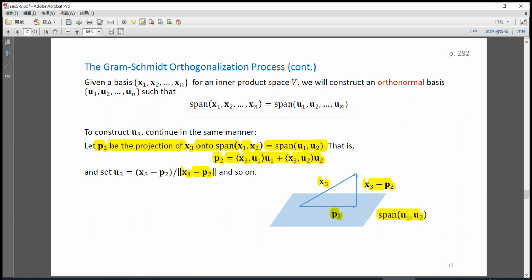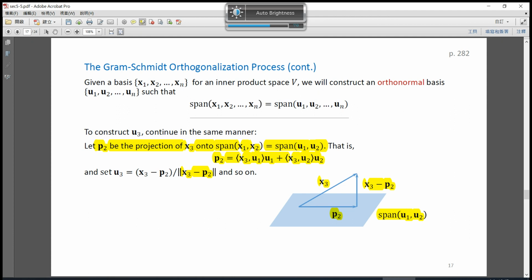We can use a similar reasoning as in the previous slide to show that x3 minus p2 is not the zero vector because x3 minus p2 is a linear combination of x1, x2, and x3. And because x1, x2, x3 are linearly independent, their linear combination cannot be equal to the zero vector.